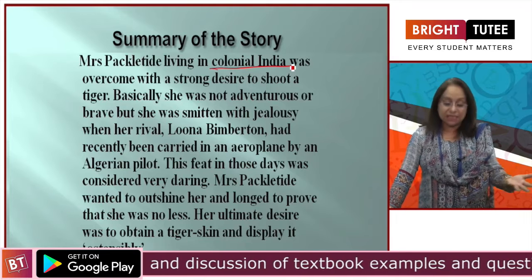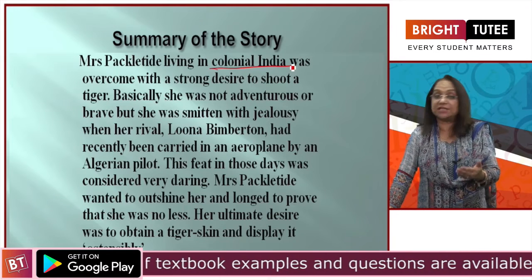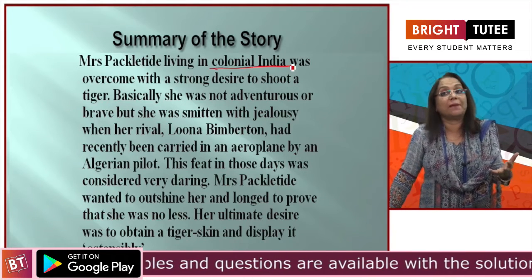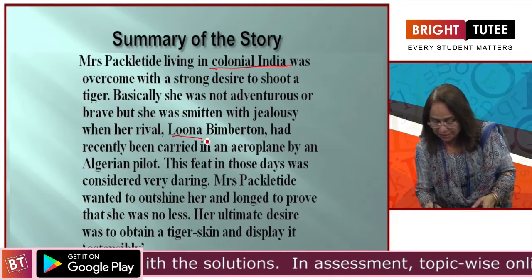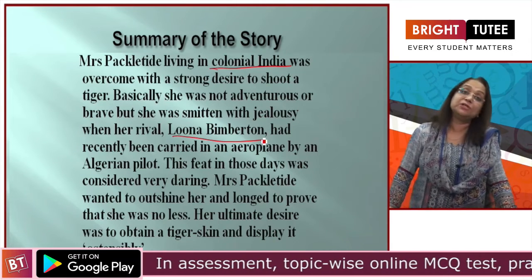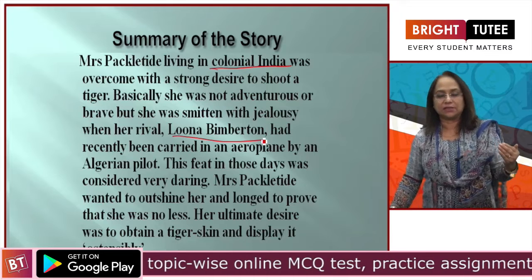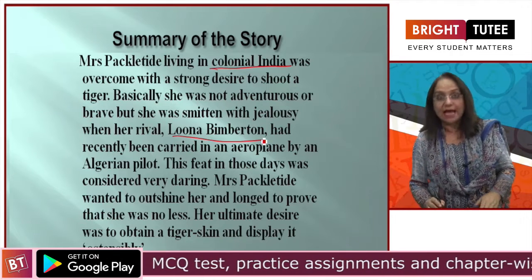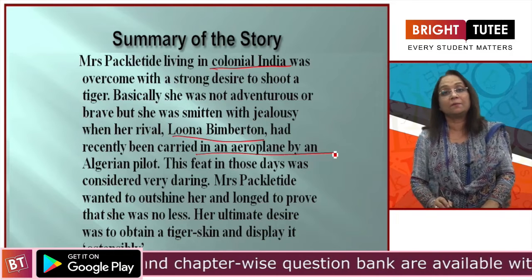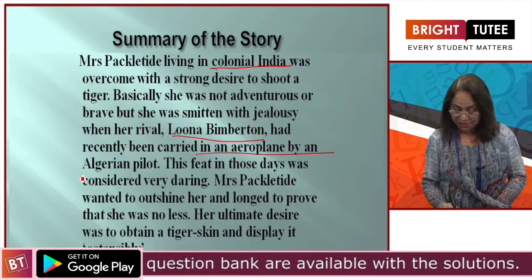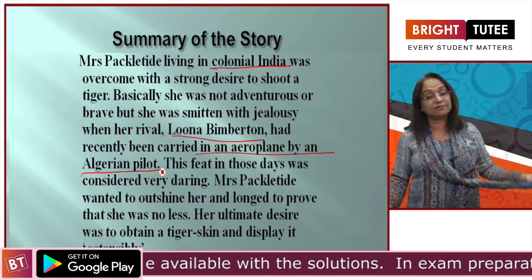Why? Not because she was adventurous, not because she had a passion for shooting and hunting, but because Luna Bimberton, who incidentally happened to be her rival, had taken a flight, had flown in an airplane piloted by an Algerian pilot.